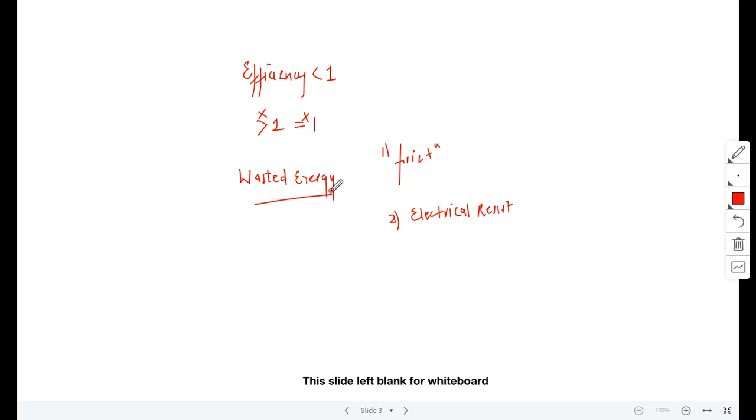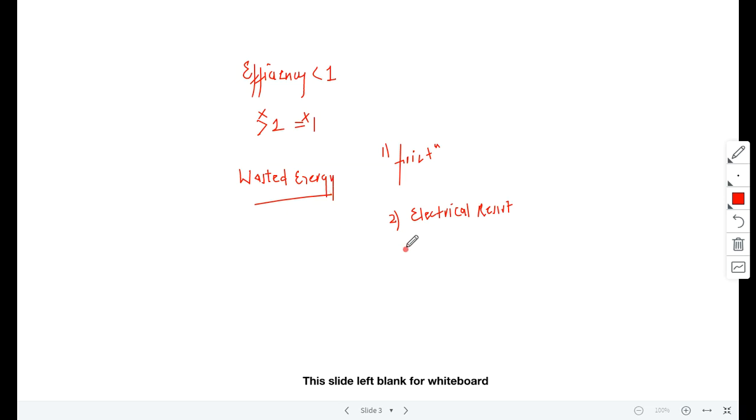Definitely friction is the cause of heat. If you rub both your hands together, you are causing friction, and this friction converts into heat energy, so it's completely waste energy. So friction between the moving parts is one of the causes of waste energy.